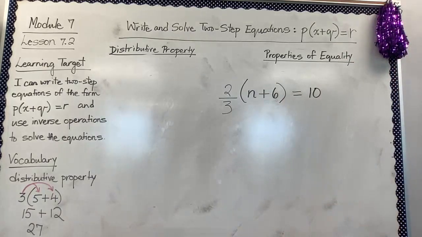Okay, so 2/3 n plus 6 is equal to 10. Again, I can use either method, but right now I am choosing to use the multiplication property of equality.